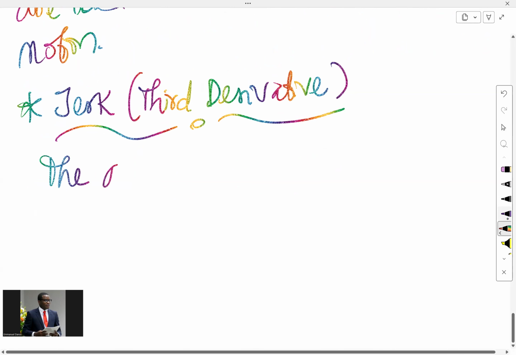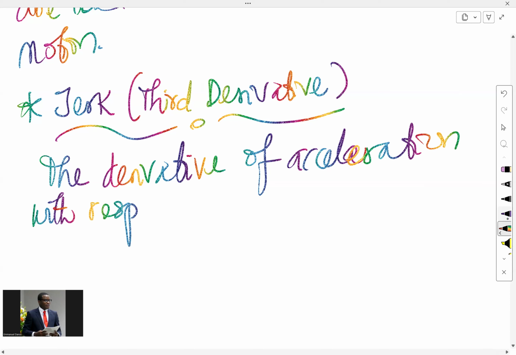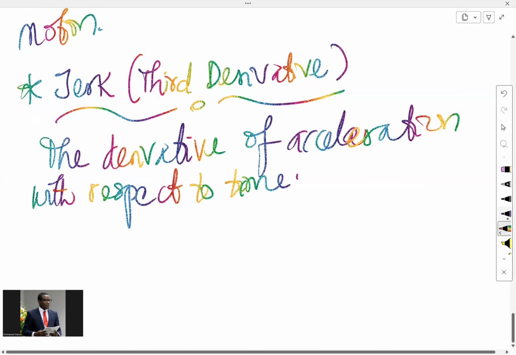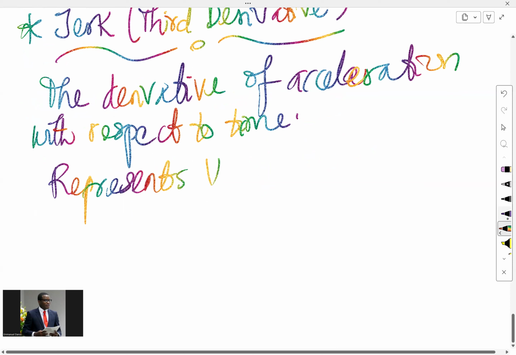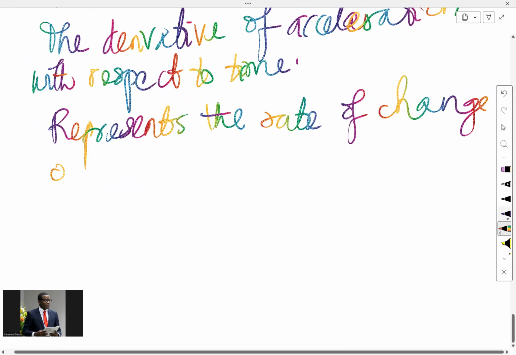So we say the derivative of acceleration with respect to time is called the jerk. It represents the rate of change of acceleration.